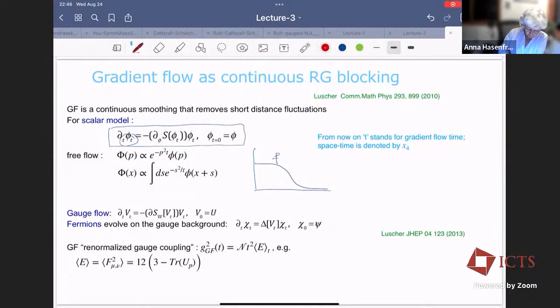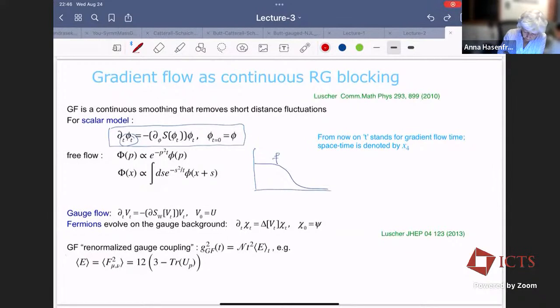One quantity I would like to introduce is the so-called renormalized gauge coupling. It's really nothing else but the flowed energy density multiplied by the flow time squared times a normalization constant. Now, why is that called a renormalized gauge coupling?